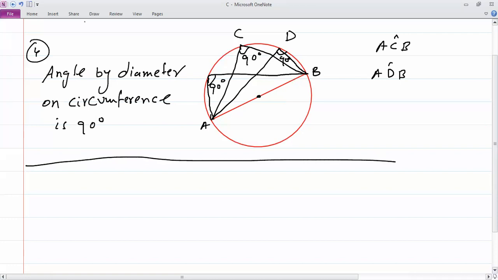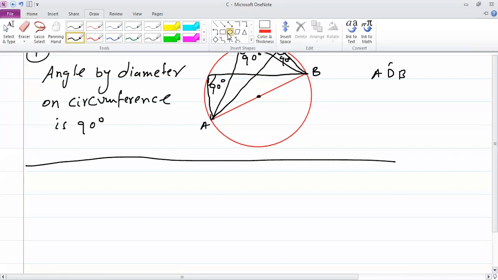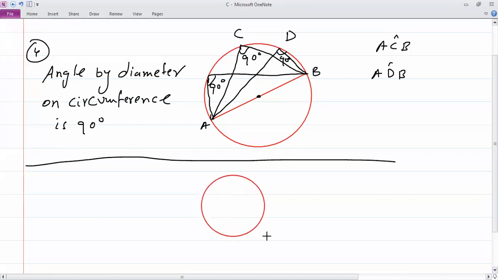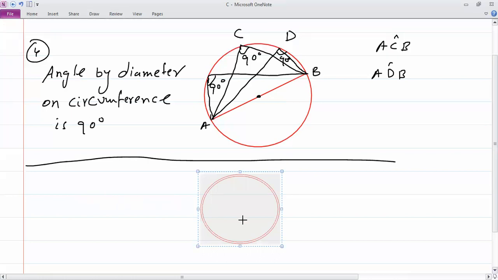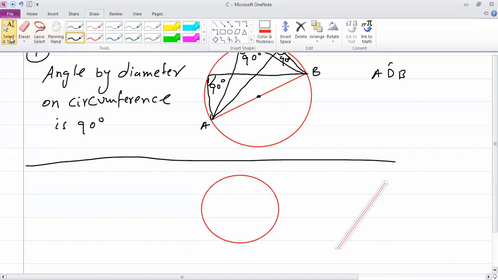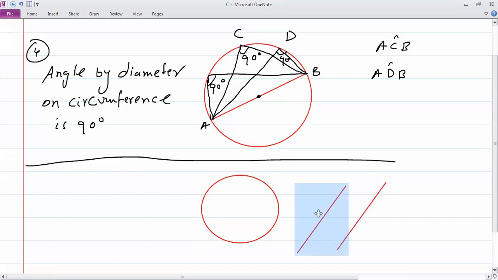Okay, for understanding rule number 5, there is another vocabulary word that you have to remember. Let's say I have a circle, and I'm going to take any chord here. This chord is crossing at two points.